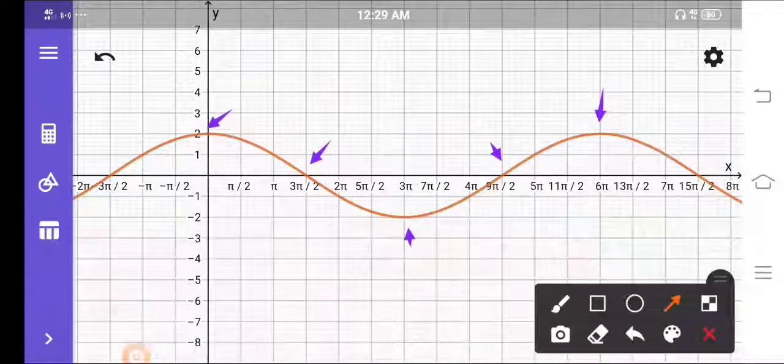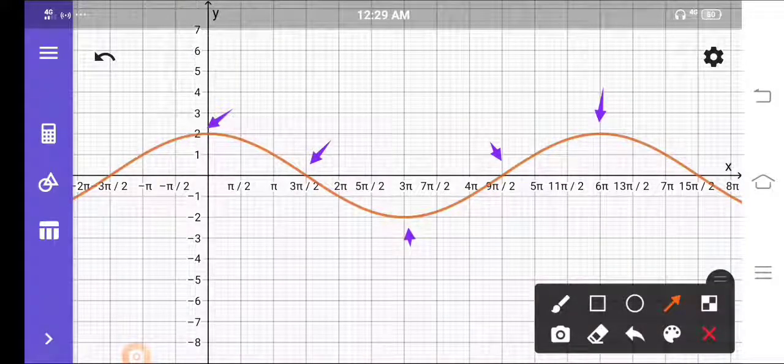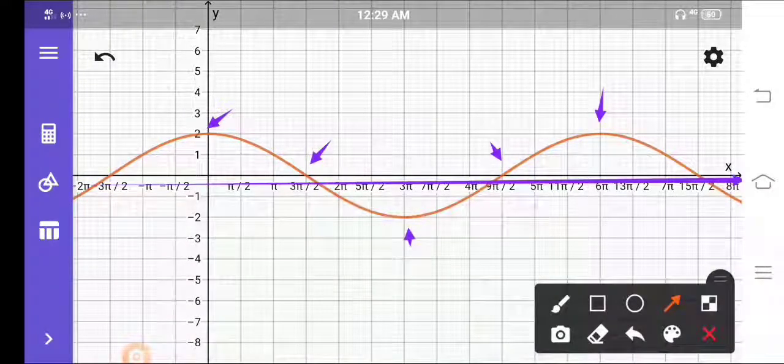So those are the key points. The domain is from negative infinity to positive infinity. The range is from -2 to +2.